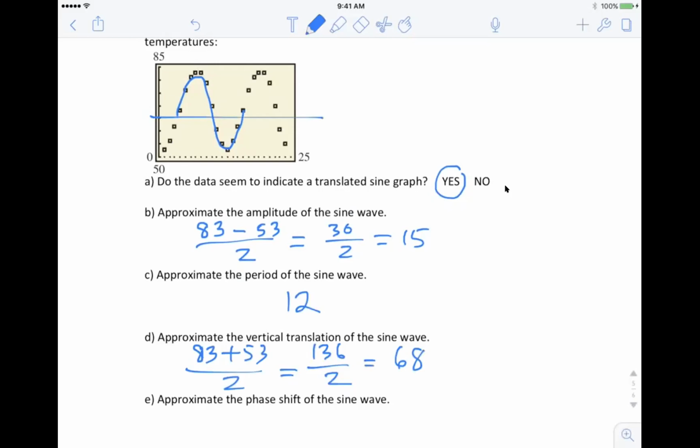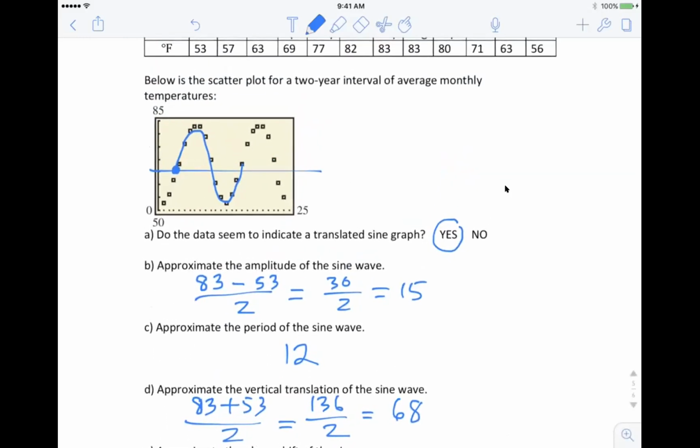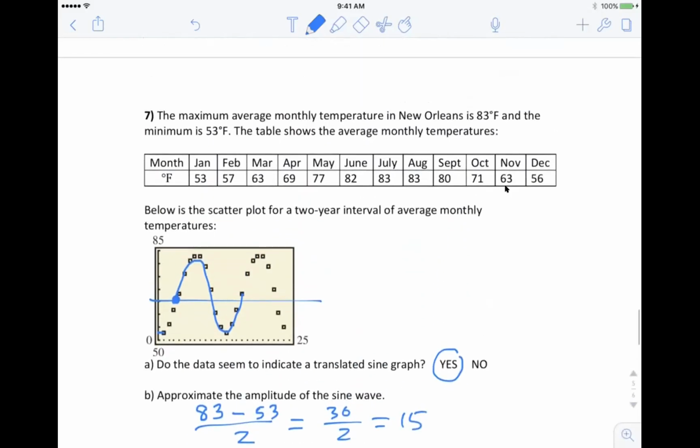Approximate the phase shift, or where does this graph start? The coldest temperature is when x is equal to 1, because that's where it starts. I guess I didn't write that, but you'll see that in the homework. I should have put that x equals 1 for January.